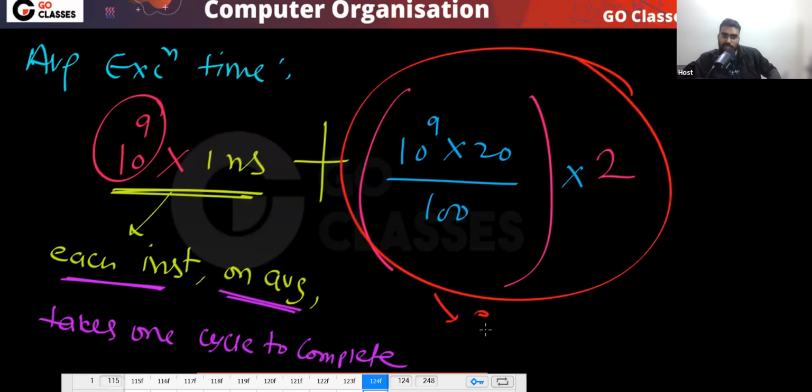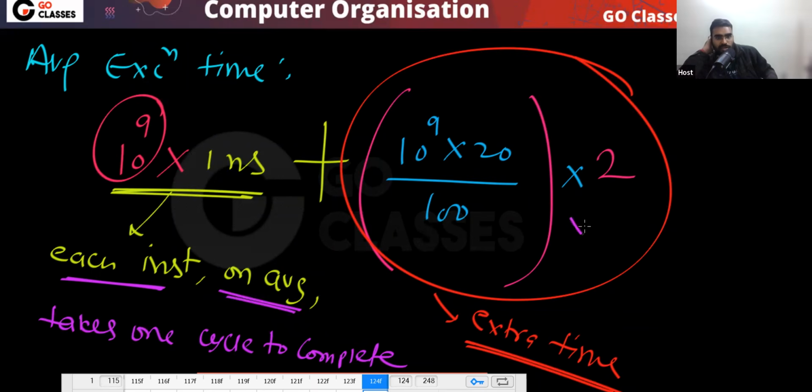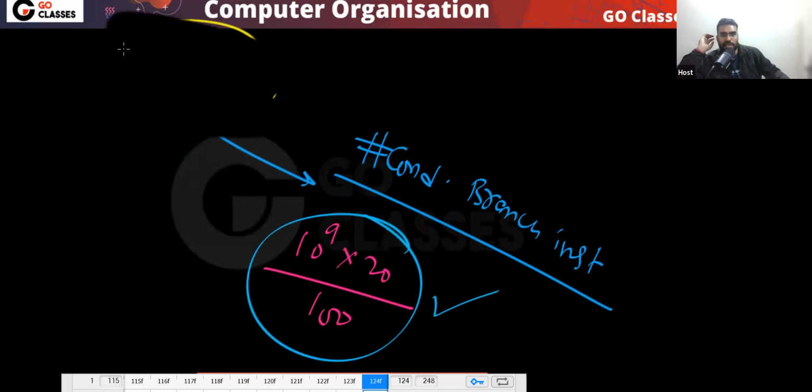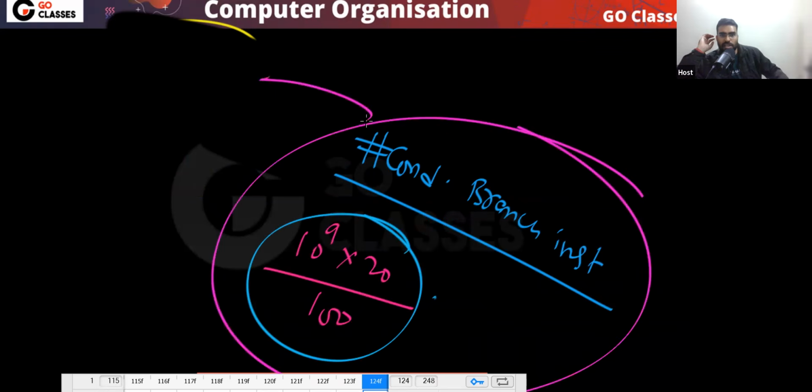These are the extra cycles, this is the extra time, and you will also have to multiply with 1 nanosecond. So finally, your answer is what? Is this point clear? Because of these conditional branch instructions, how many extra cycles?